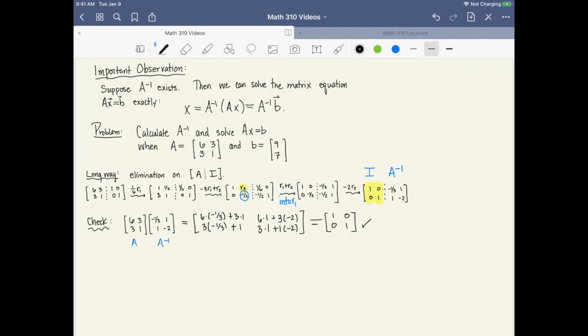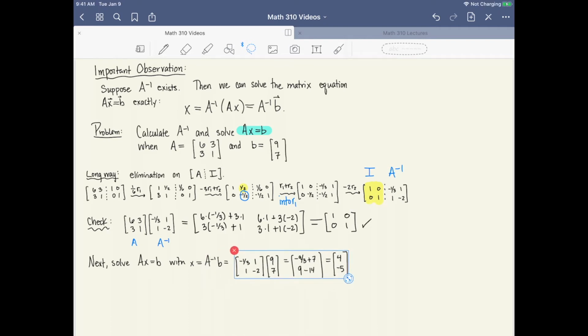So next what I'm going to do is I'm going to use A inverse to solve the matrix equation that we were given in the beginning of the problem, AX equals B. So what is the solution X? Solving AX equals B with this A inverse means that X is equal to A inverse times the vector B. And that is our inverse 1 -1/3, 1, 1, -2, multiplied times the vector 9, 7, which was given in the problem.